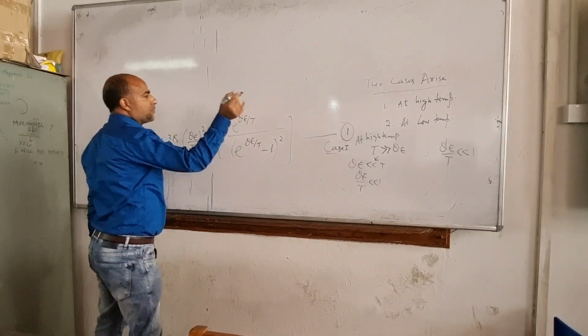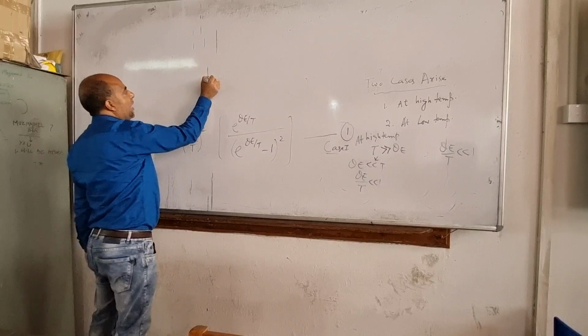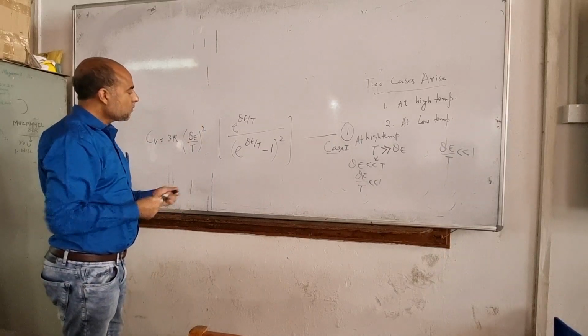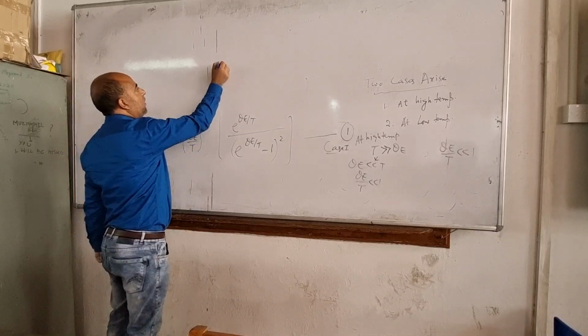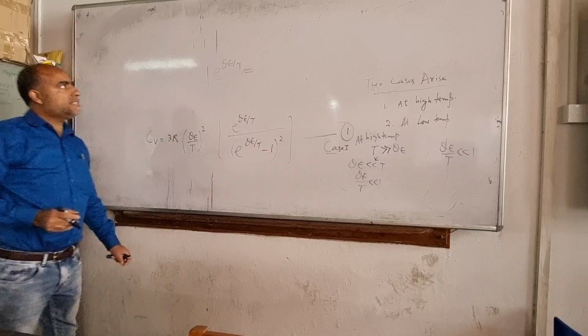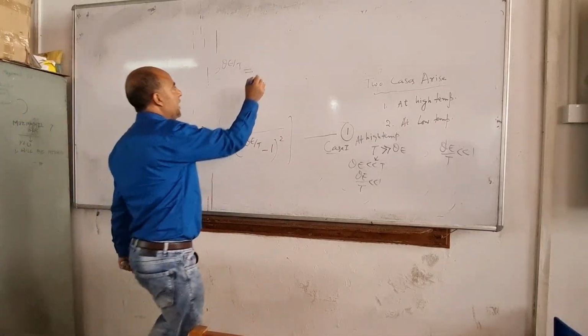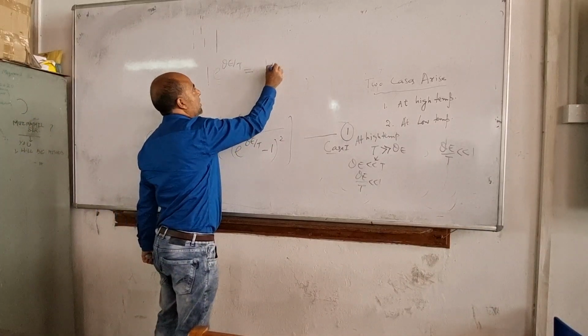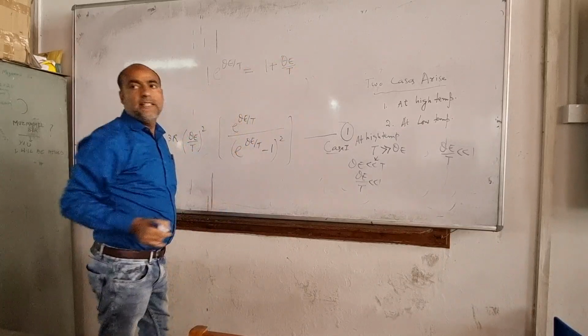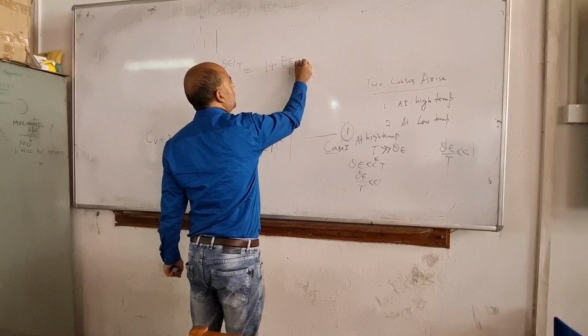Now let us take the first case. We have e raised to the power theta_E by T. Can I write this as 1 plus theta_E by T plus so on?